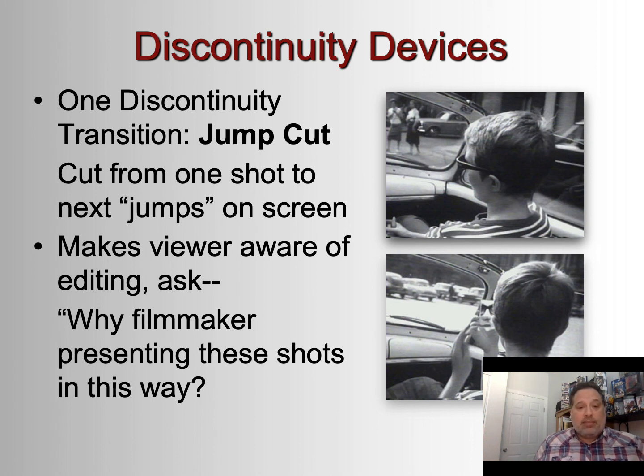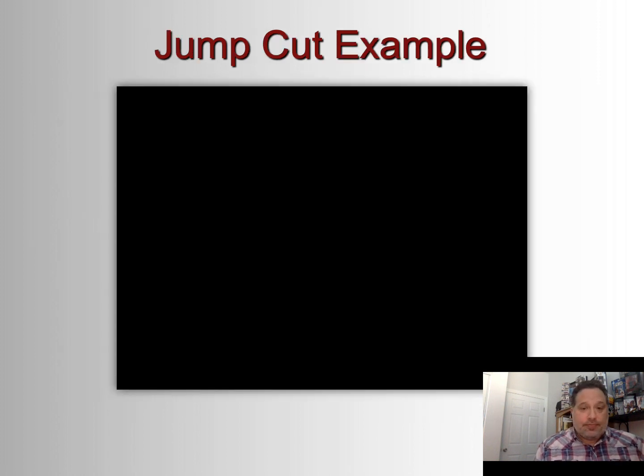It jumps to the same shot. So basically what you have is a shot that's broken right in the middle. And that does jar us. We're like, whoa, we expect a cut to take us to the next shot. This one didn't. Why not? Now, why is the filmmaker presenting these shots this way? What is he or she trying to call attention to? So that's what discontinuity is.